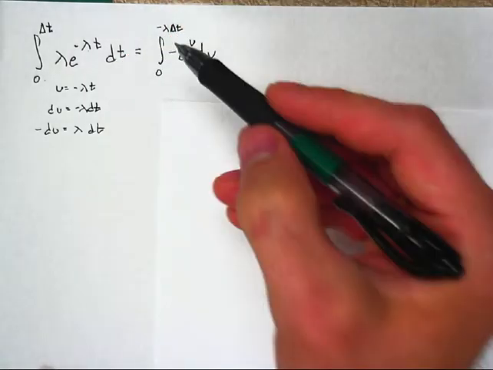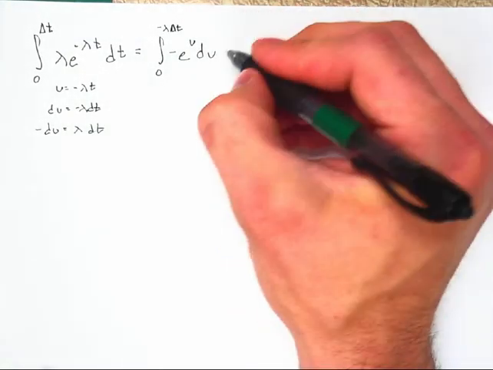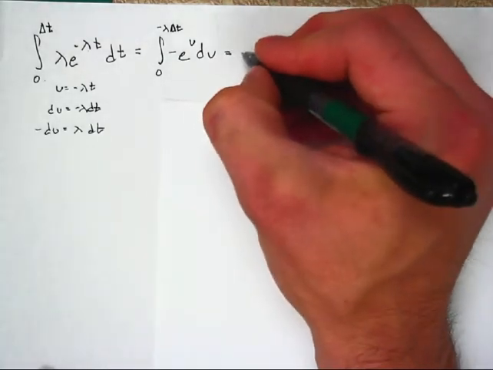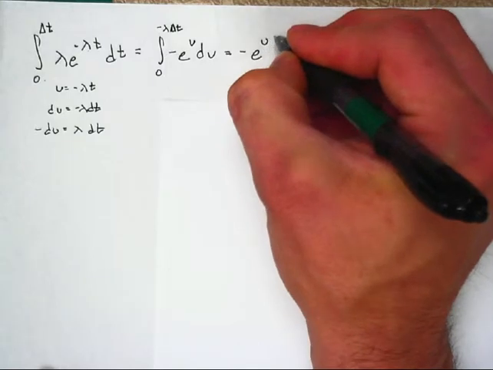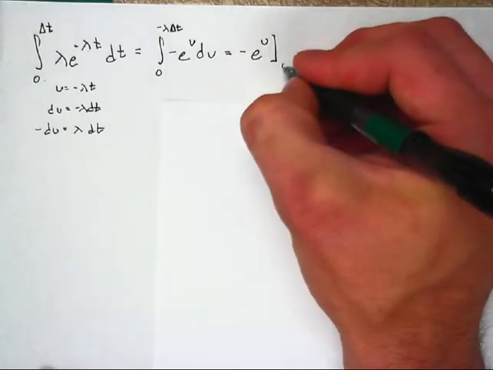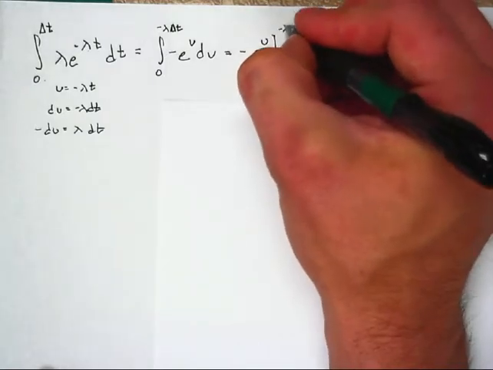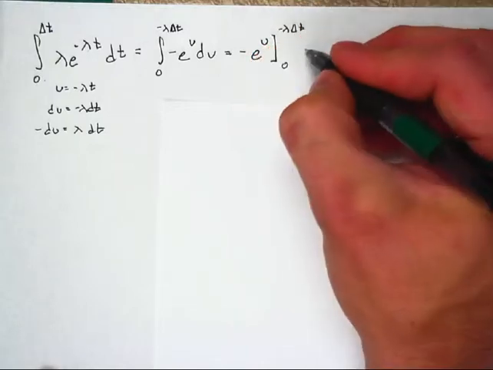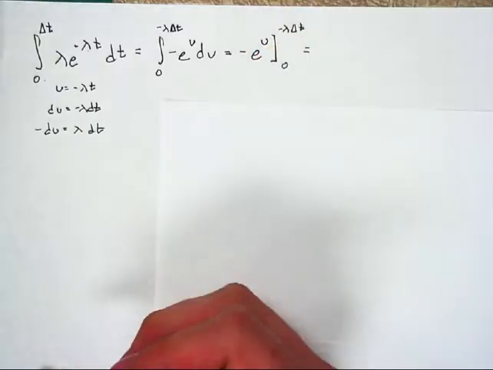So this is much easier to integrate. You find the antiderivative, which is just negative e to the u, and you evaluate that definite integral from 0 to negative lambda delta t. Evaluate your limits of integration.